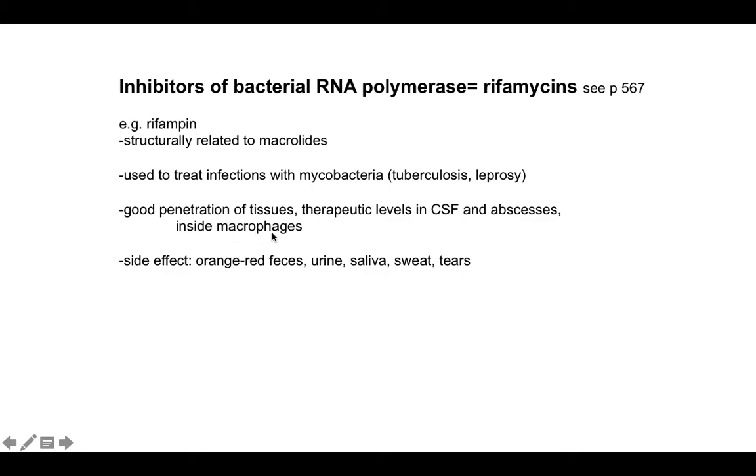And you might remember Mycobacterium tuberculosis is notorious for infecting resting macrophages. The mycobacterium can actually replicate inside the macrophages, and the macrophages can actually spread the mycobacterium throughout the body. So it's really important that the rifampin can get to therapeutic levels inside the macrophages to kill the mycobacterium.